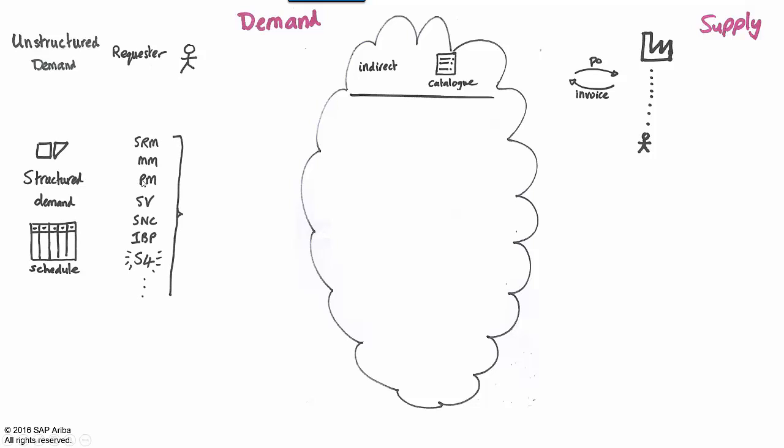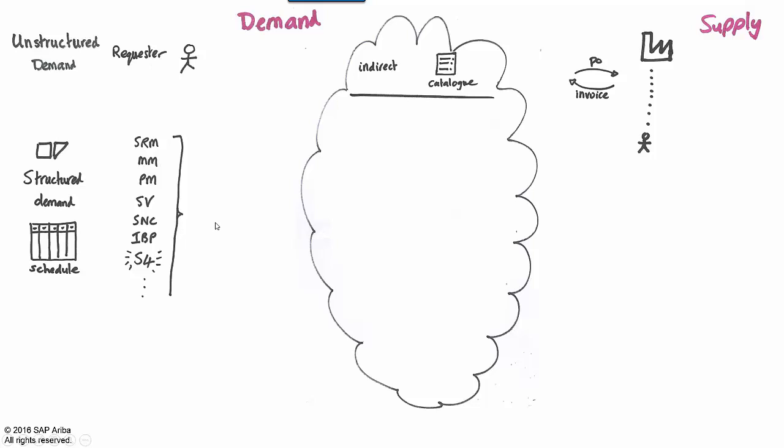So in this alphabet soup of SAP modules, we see systems which are simple part ordering requests, like asset maintenance, and other end-user requisition tools like SRM, service management tools, direct materials like SNC and IBP, and of course the flagship new product S/4HANA, which also has logistics and finance capability.